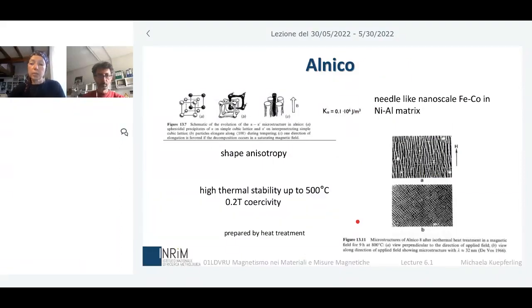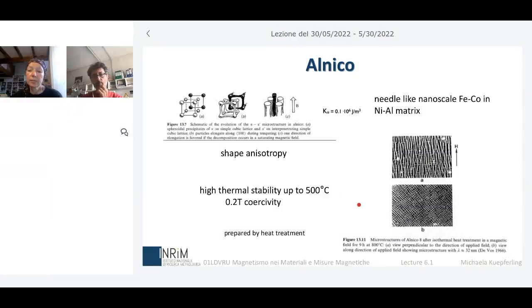So anisotropy, of course, is needed in order to have a good permanent magnet, but it does not necessarily have to be magnetocrystalline anisotropy. We very often speak about magnetocrystalline anisotropy, although, of course, in the Stoner-Wohlfarth model we used a different kind of anisotropy. We used shape anisotropy. If you remember, we had this elongated ellipsoid.